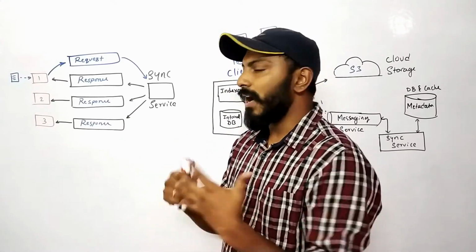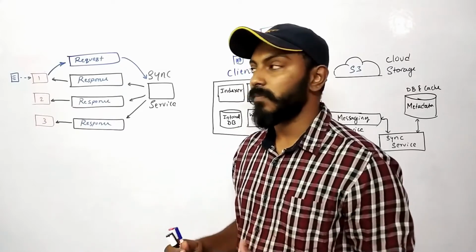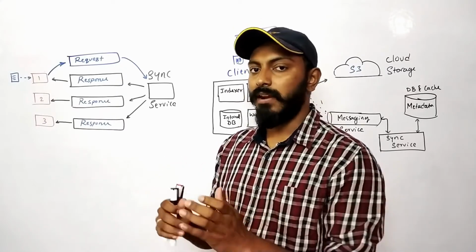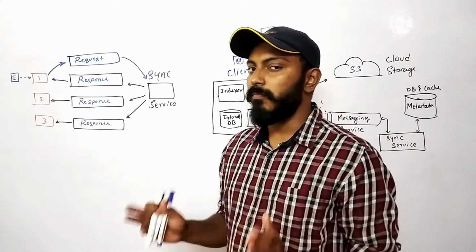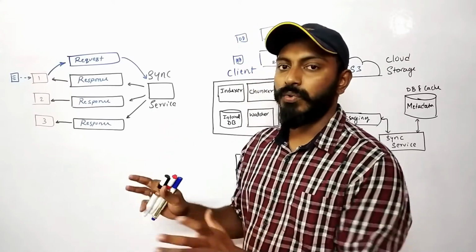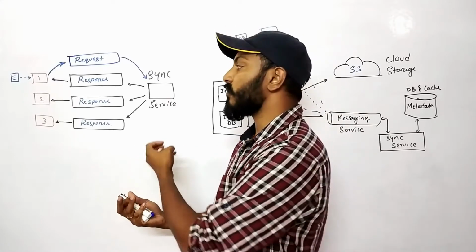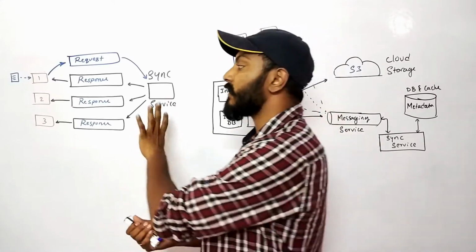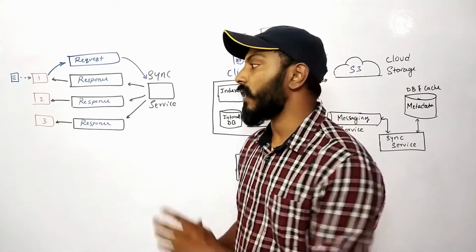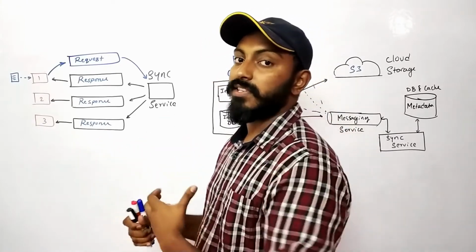We might be connected or we might not be. So we need a mechanism where these updates are buffered and sent back to the server, and we get the metadata information about the files in an asynchronous way. That's the only reason why we need messaging services or queues.